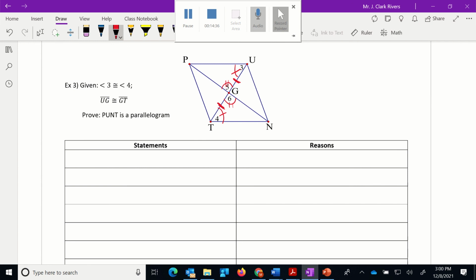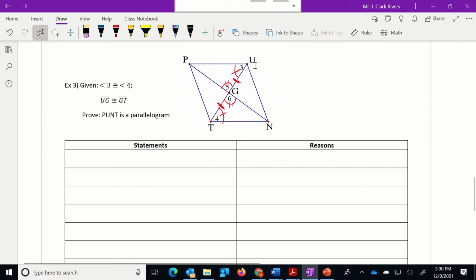What do you notice? Alec? You can say that triangle PUG is congruent to triangle NTG because of angle side angle. That's right. Angle, side, angle, these two triangles, PUG and NTG.